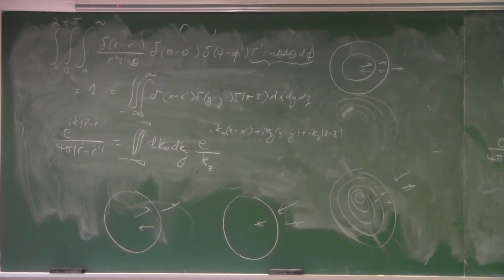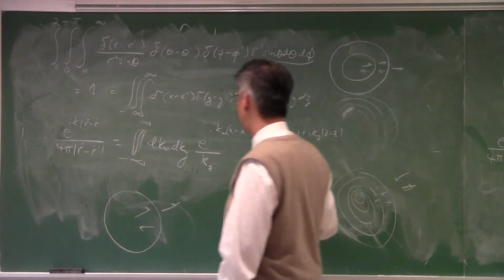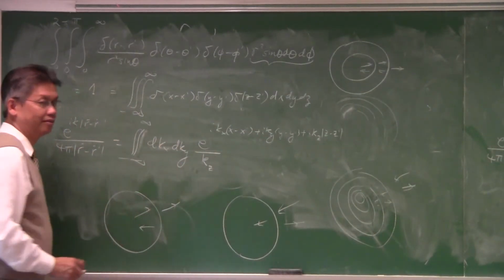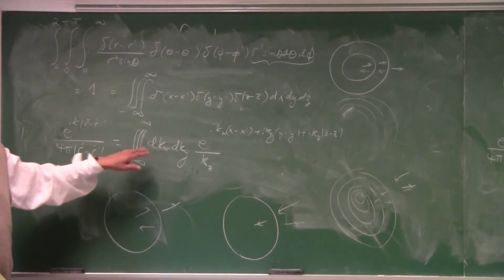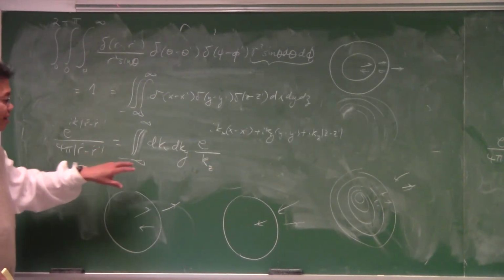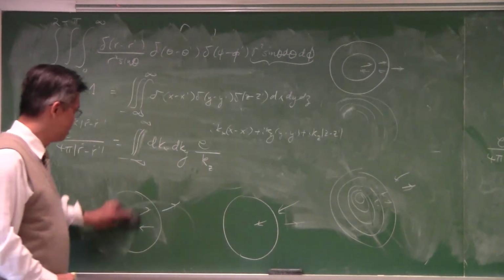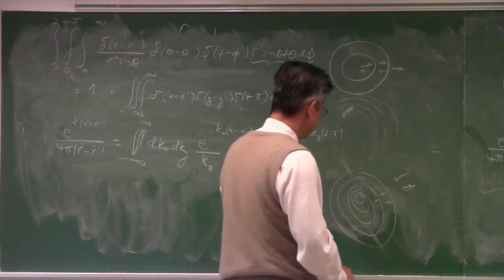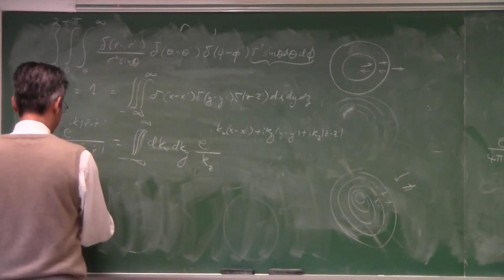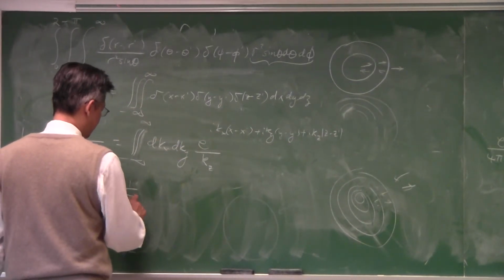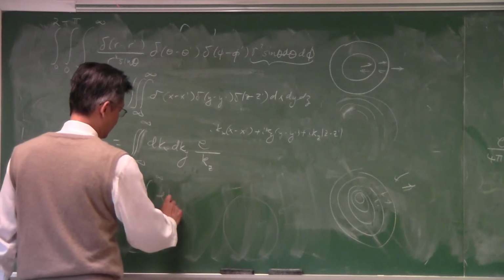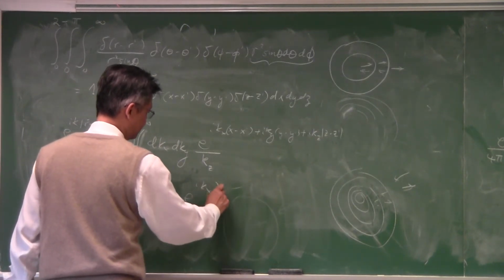So the potential is continuous across this surface, but the derivative is not continuous. The representation by this can only be understood in a distributional sense. Just like when I set z equals z prime here, I can still think of this as an identity, but only in a distributional sense, because this thing actually does not converge. Very much the same way that I can often write delta x is equal to 1 over 2 pi integral dkx e to the i kx x.